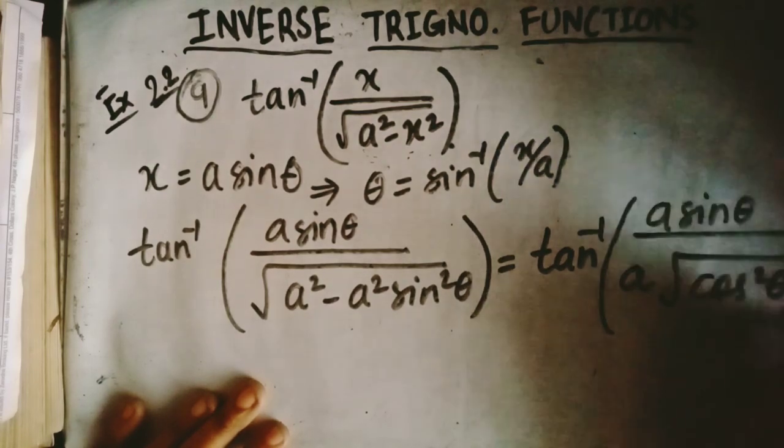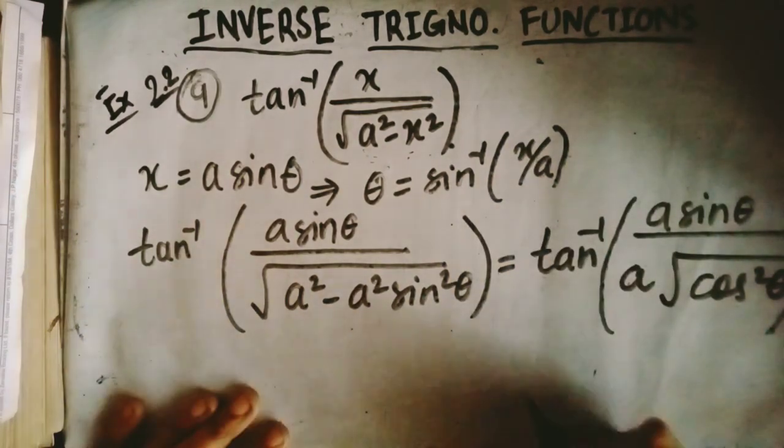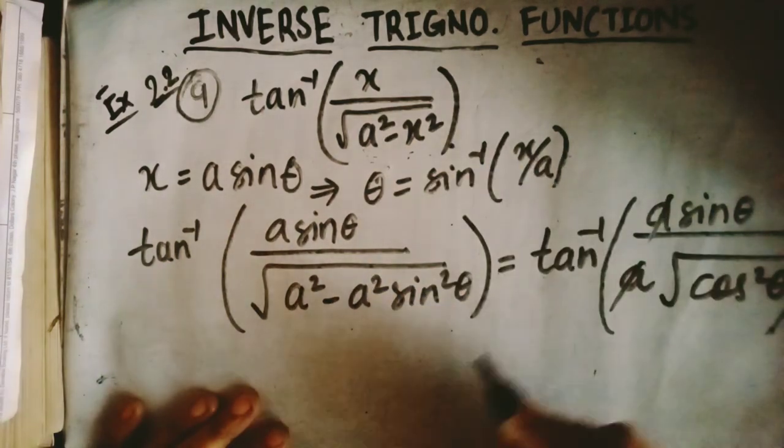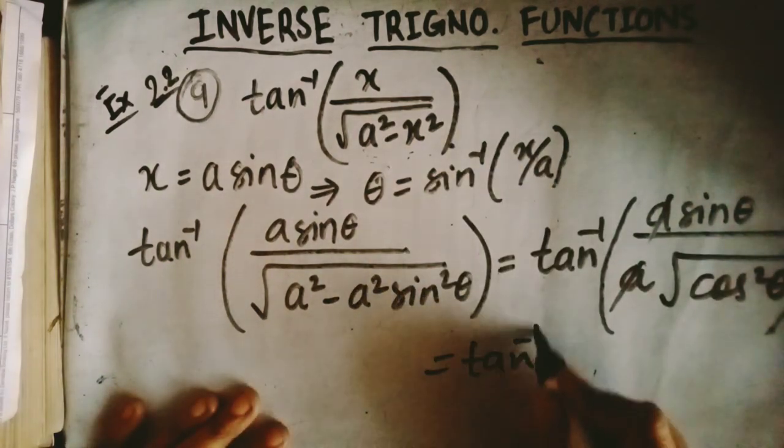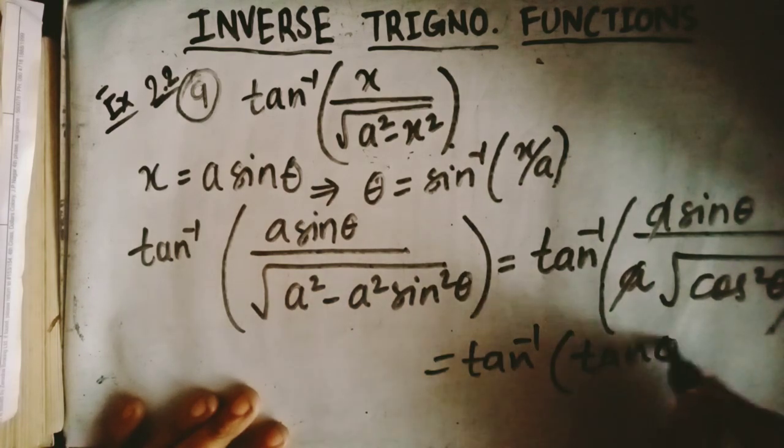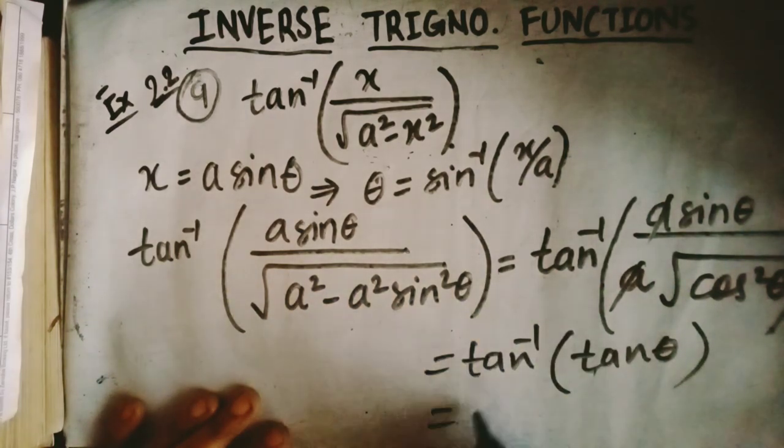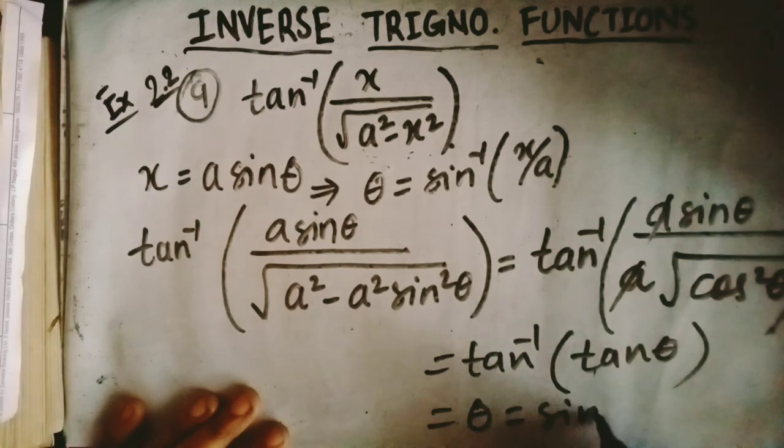Now cos square theta under root you will get cos theta, so a gets cancelled, and this will be tan inverse tan of theta, and theta we know is sine inverse x by a.